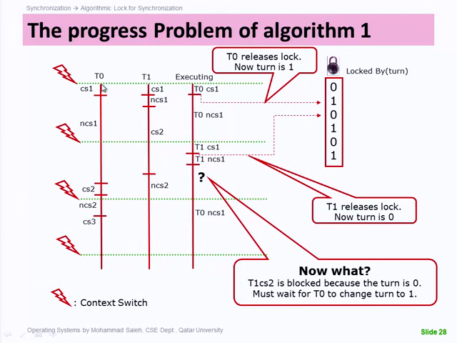That method receives the ID of the thread, so 0 is sent to the method. What does the method do? It compares the ID of the thread with the value of turn. If they match, then the method returns, meaning granted to continue.